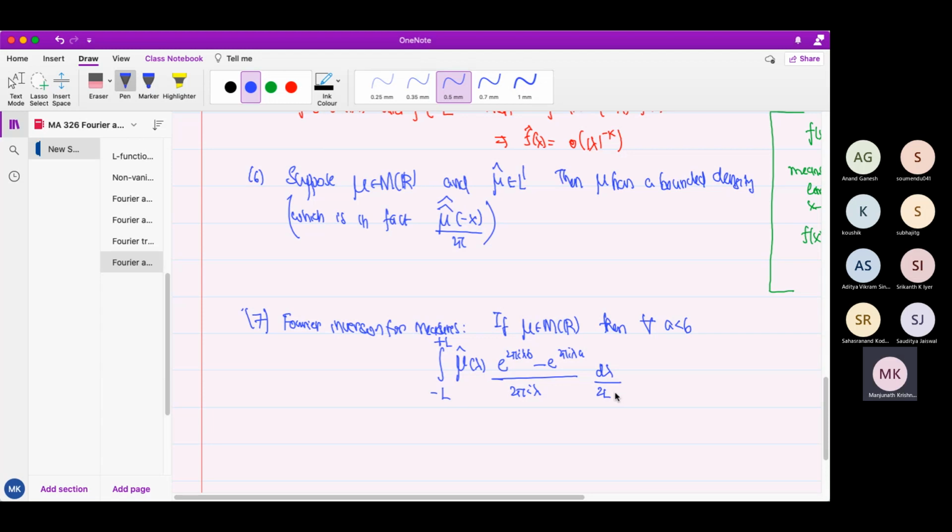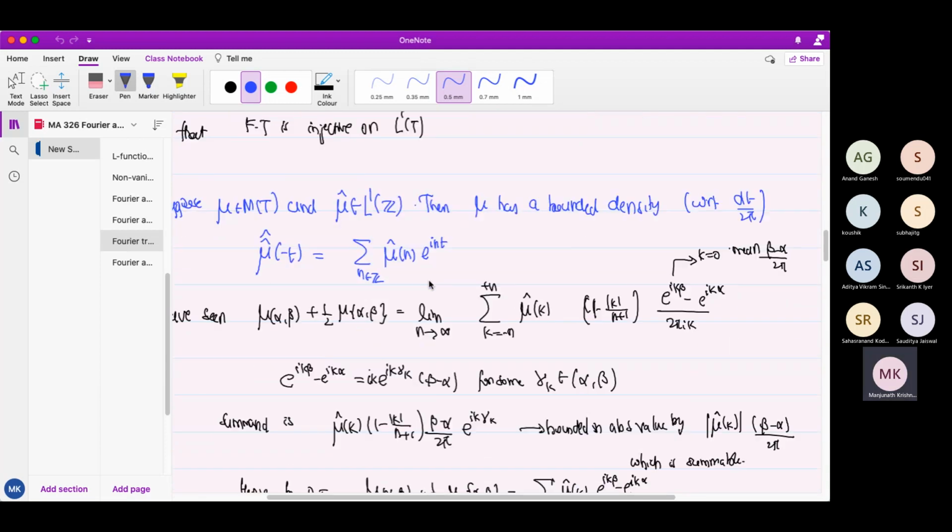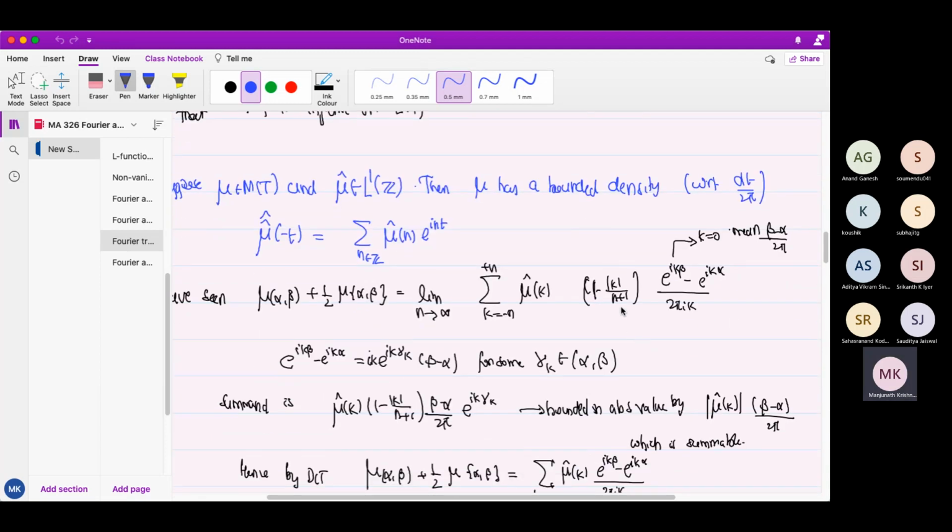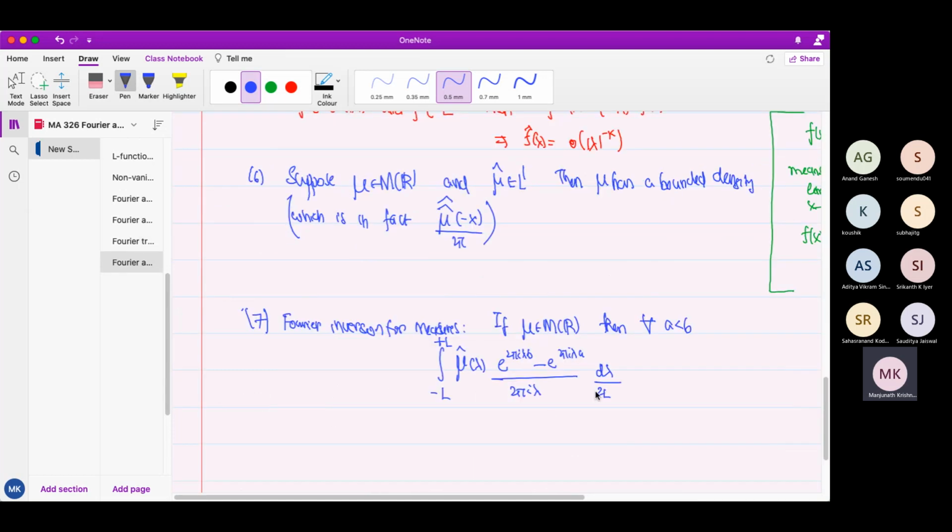Do I divide by 2L? Slightly getting confused. It is like this: 1 minus mod lambda over 2L. We multiply by this Fejér kernel like thing, 1 minus mod lambda over L, and d lambda.